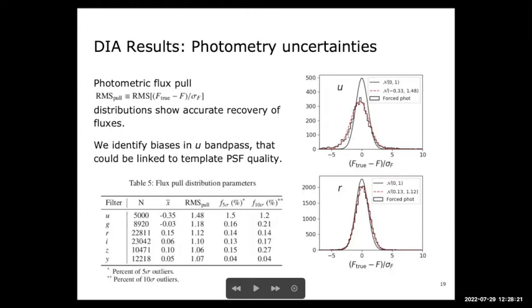For the U band pass, for instance, we found that it's a little bit biased and the uncertainties are not exactly correct. We speculate that this is due to the templates, which haven't been so good for the U band pass. Also, we can quantify the fraction of 5 sigma and 10 sigma outliers in the photometry.